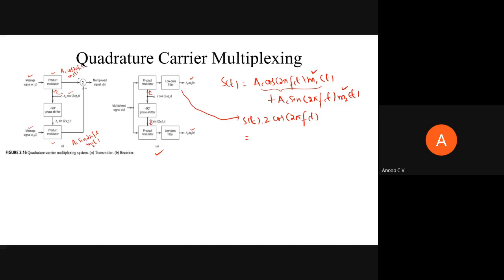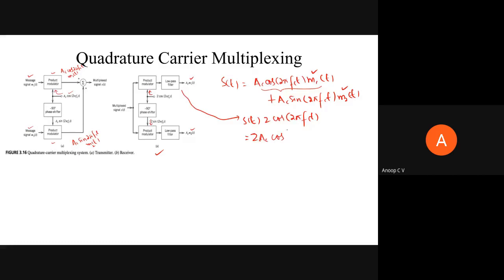I'll call out a name. Shreyas, can you please help me out in expanding this? Yes, sir. So S of t, the first term will be AC cos 2 pi fct times m1 of t into cos 2 pi fct. So I can write 2 AC cos 2 pi fct into cos 2 pi fct.